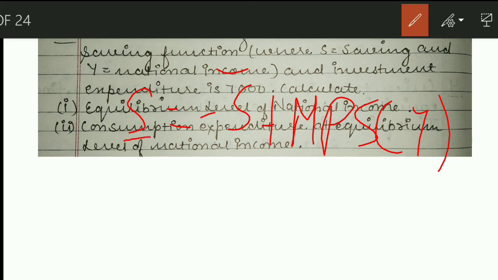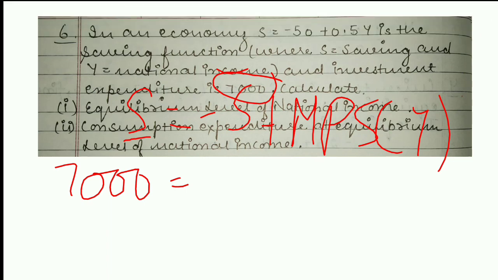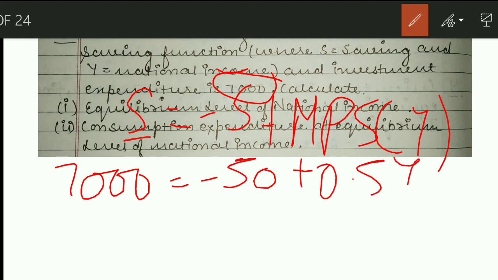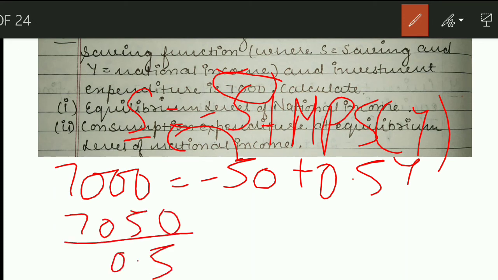Right, here you have to put your saving equal to investment. Investment over here is given as 7,000. So 7,000 will be equal to the saving function which is given as minus 50 plus 0.5y. All right, and by solving it you will get your answer. If minus 50 goes there it will become 7,050 upon 0.5.